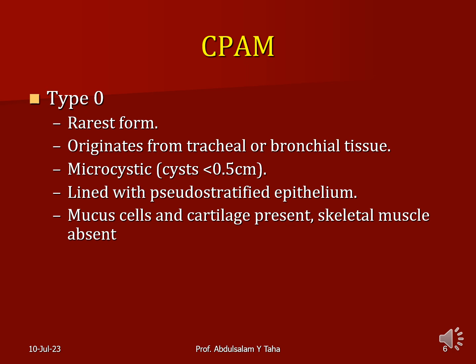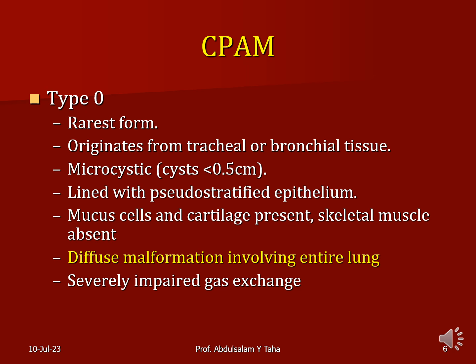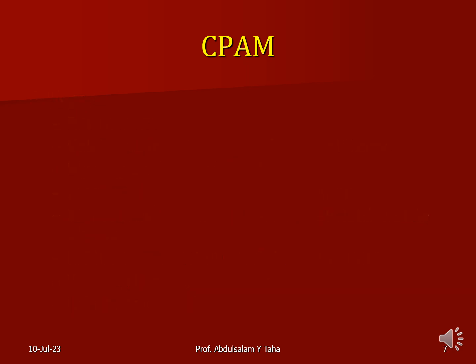Mucous cells and cartilage are present, while skeletal muscles are absent. It presents as a diffuse malformation involving the entire lung, resulting in severely impaired gas exchange, and therefore the infants typically die at birth.